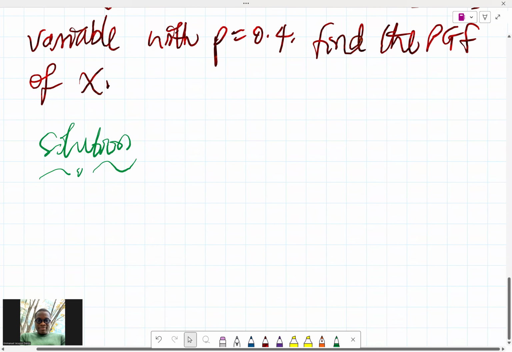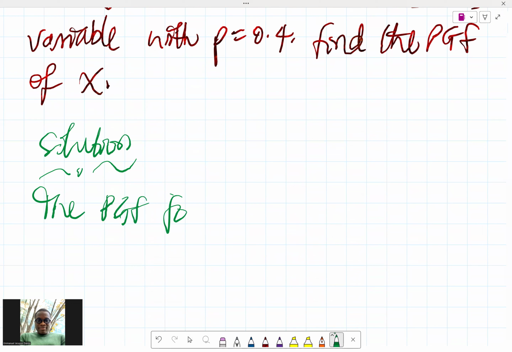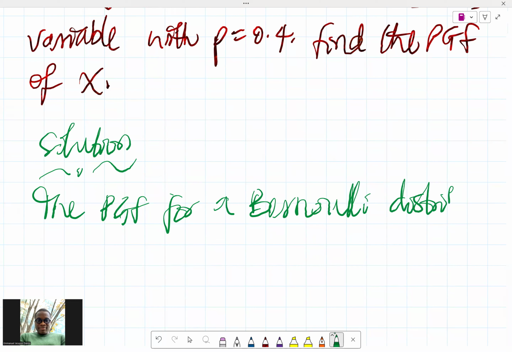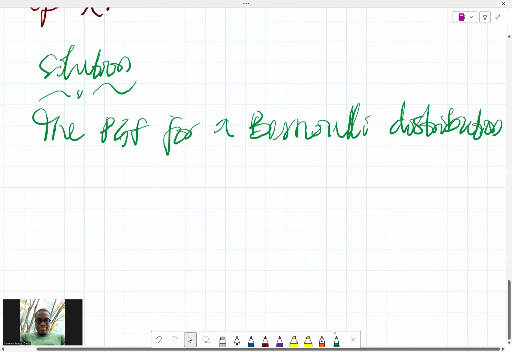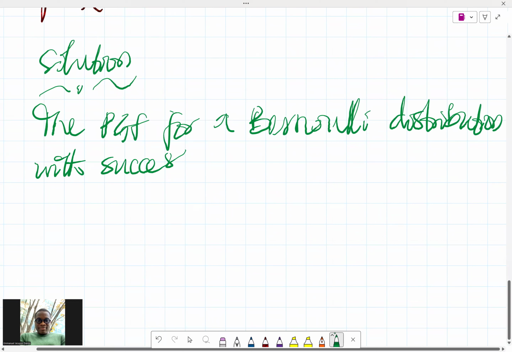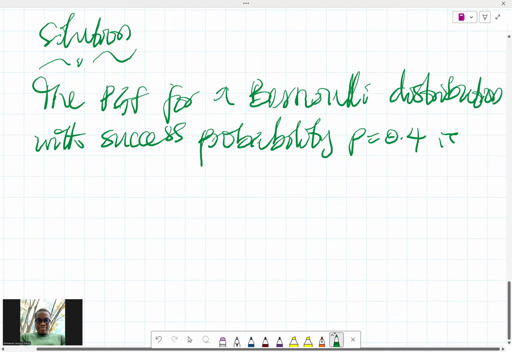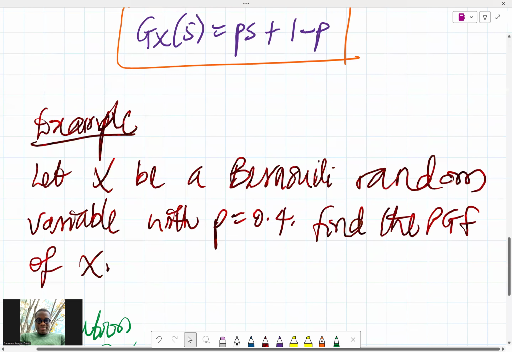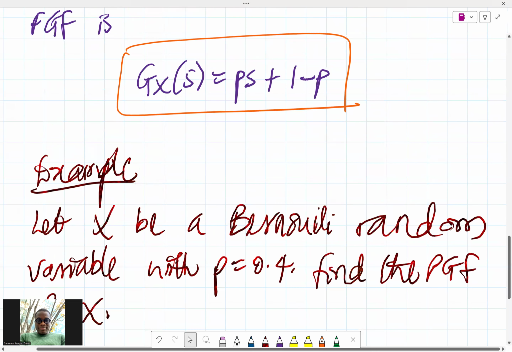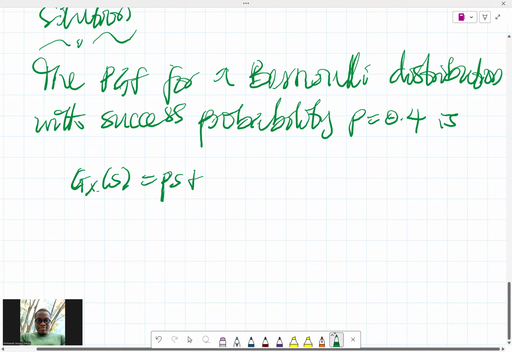The PGF for a Bernoulli distribution with success probability p equals 0.4, just like we have in the question, we already know that G_X(s) is simply ps plus 1 minus p. So p now is simply 0.4.